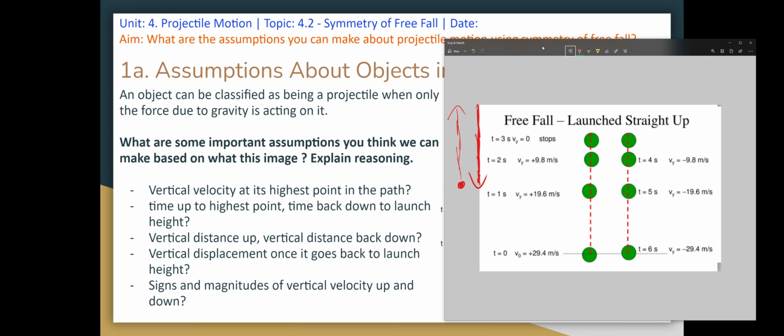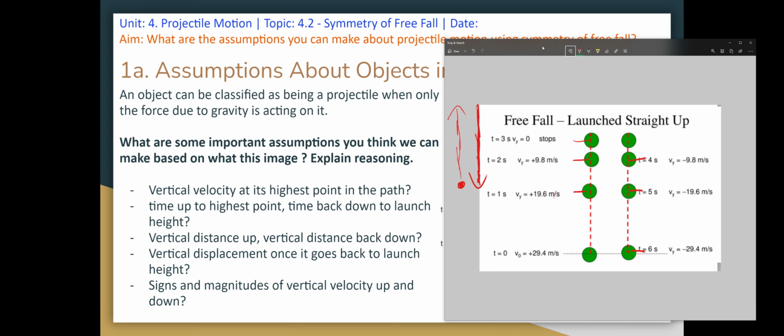This diagram on the right shows the position of the ball each second. So it's at 1, 2, and 3 seconds, then 4 seconds, then 5 seconds, then 6 seconds, all the way back down.